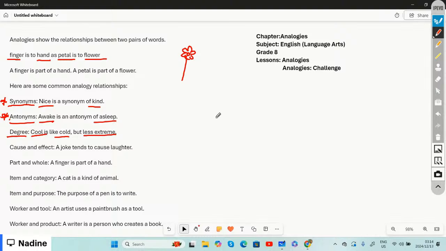Then we have cause and effect. So for the cause and effect of something, we can say a joke tends to cause laughter, which is correct. If somebody makes a joke, the intent of that is for you to laugh.